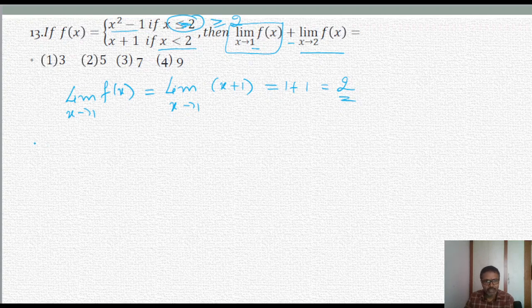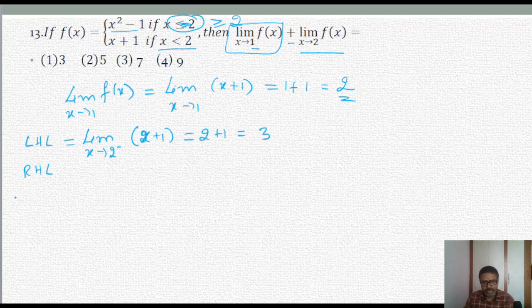We have to find here LHL and RHL. We have to verify does it exist or not. For LHL we'll go with the function with the less than condition, which is x plus 1. Applying x is equal to 2, you will get 2 plus 1, that is 3.